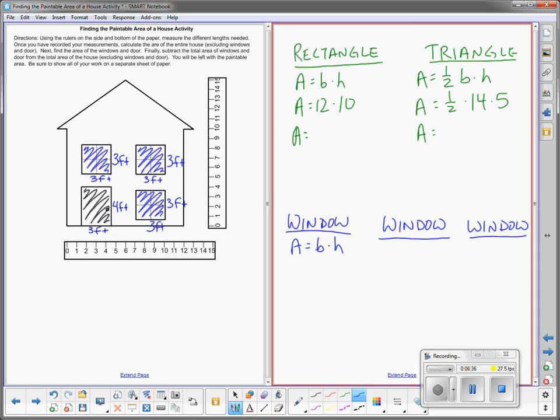And then finally, I need to find the area of the door, and it is a rectangle, so I will use base times height, and I will plug in the measurements that I found for the door to complete this.